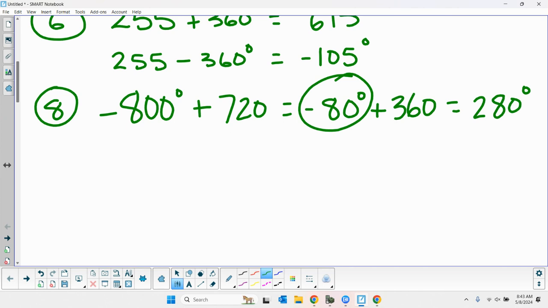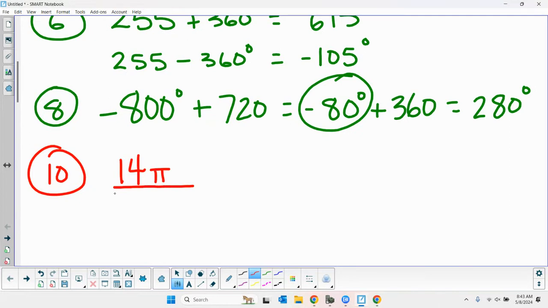All right, number 10, it says convert degree measure to radians or radian to degrees. So number 10 is 14 degrees. So to go to radians, I taught you to go the division bar, pi over 180.